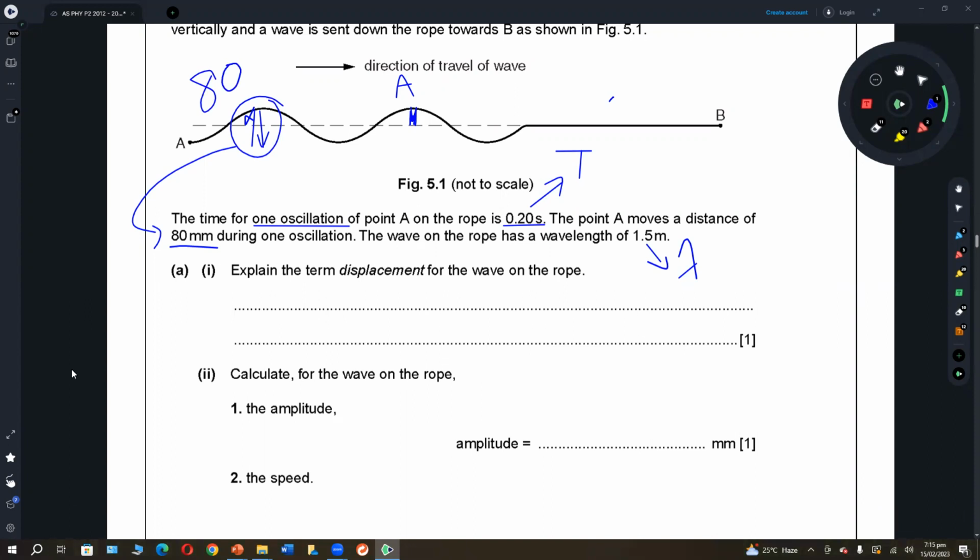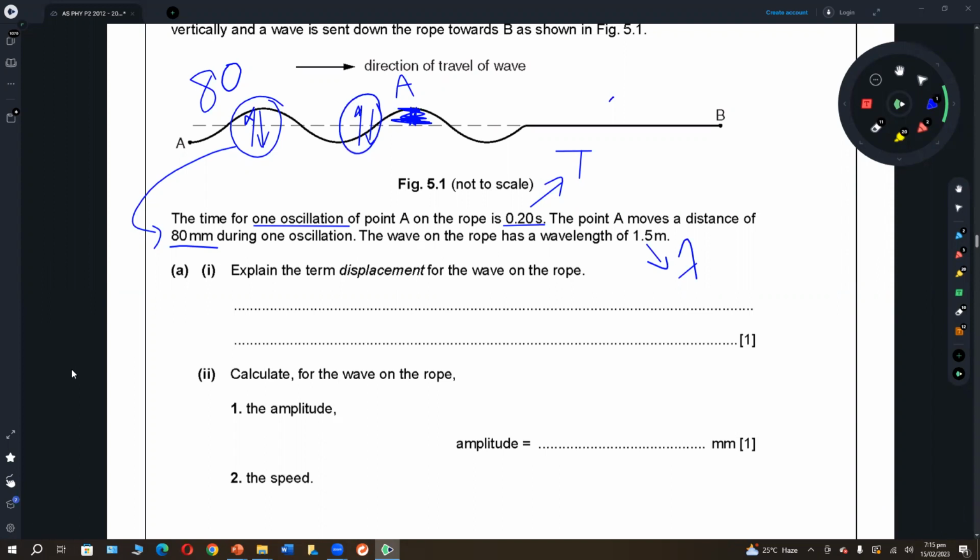So it will be half of 80. No, he's trapping you. It can't be half. Look, it goes down all the way and it comes up all the way, and you're talking about only this much. Then it becomes 80, so the amplitude will be 80?